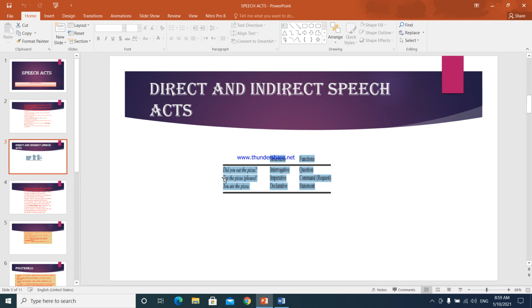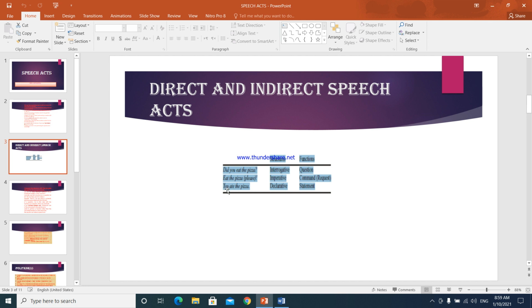And look at this example. Eat the pizza, please. The structure is imperative, لكن the function is a command. لكن if we add please, إذا أضفنا له please راح يصير request. This is a request. You see, the same sentence could be command, could be request, depending on whether we add please or not.